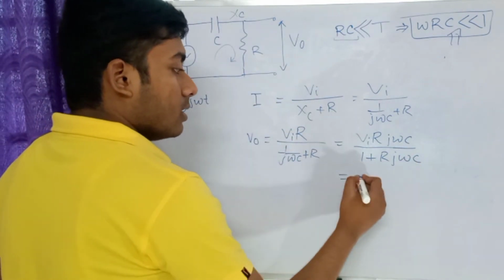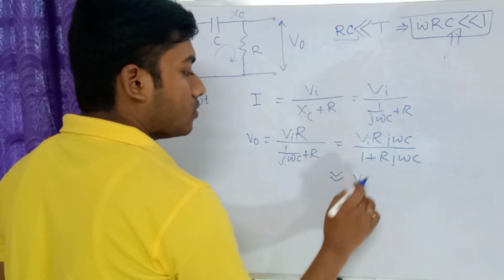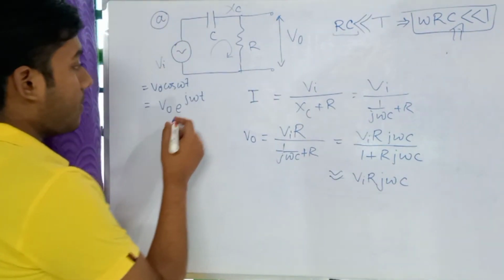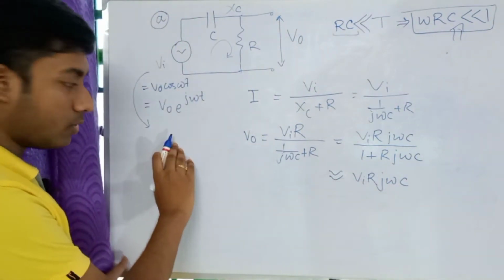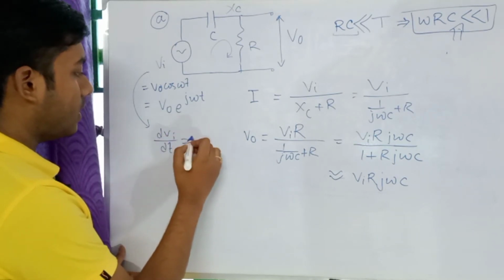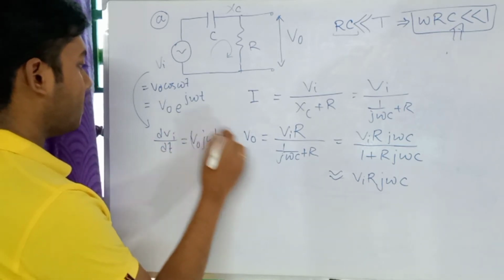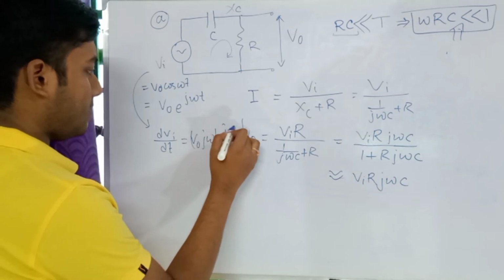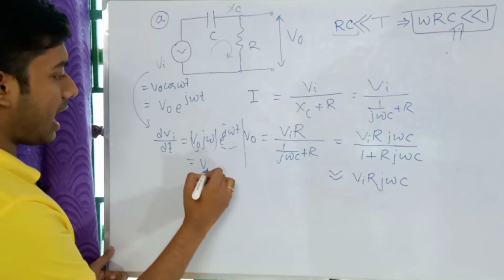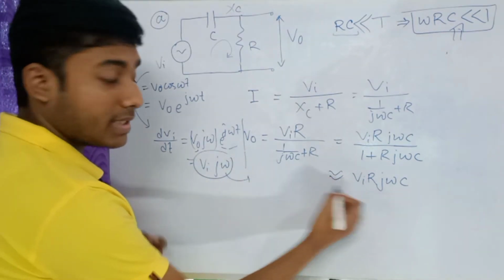So this is almost equal to Vi R j omega C. Now if we differentiate the input voltage, dVi by dt, we get V naught j omega e to the power j omega t. V naught e to the power j omega t is our Vi, so this is Vi j omega.